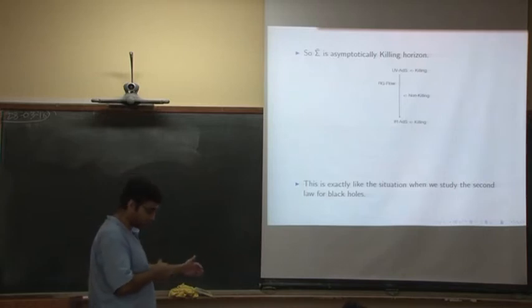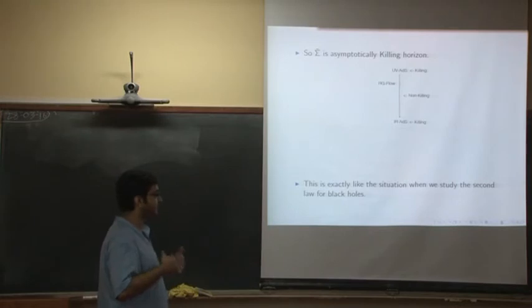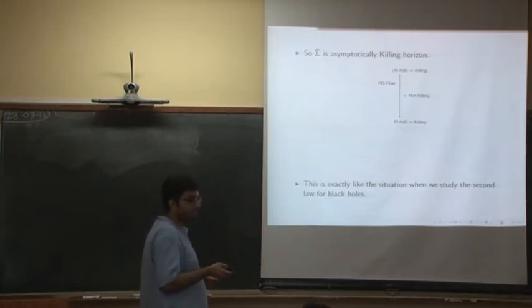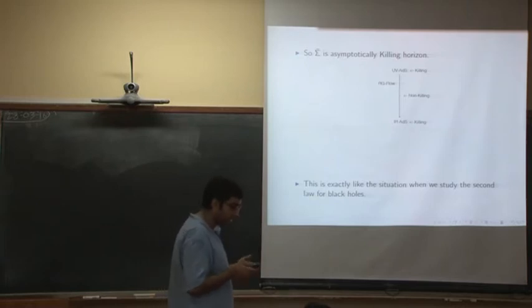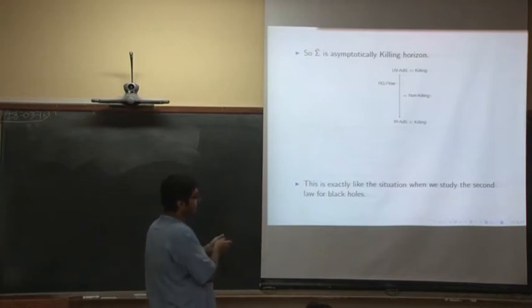The black hole actually starts in a stationary state, and then some matter falls through the black hole horizon, and at that time it's not a Killing or stationary horizon, but asymptotically it again becomes stationary. And it's known that in those cases, the Bekenstein-Hawking entropy of the black hole increases. So that's the second law.